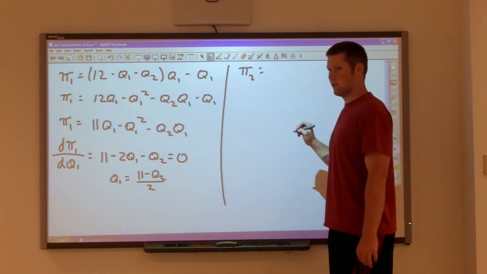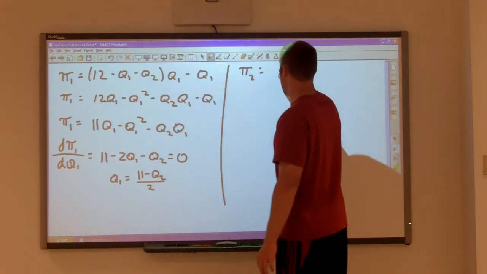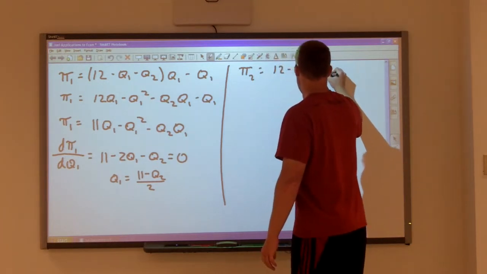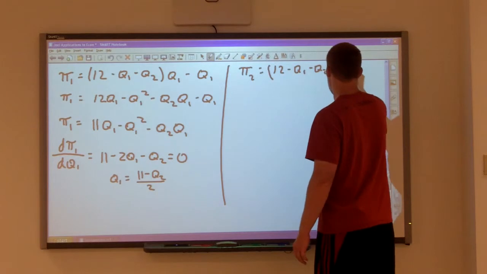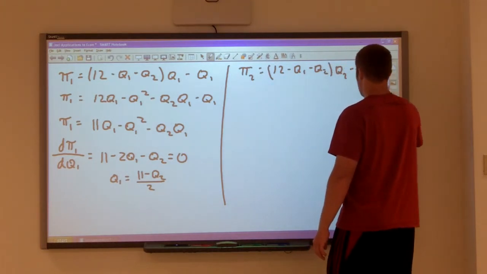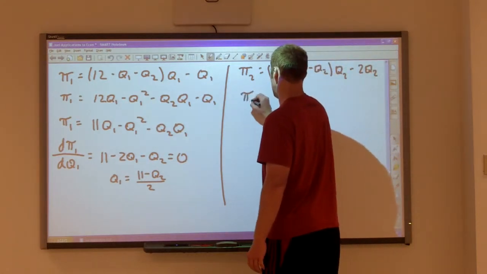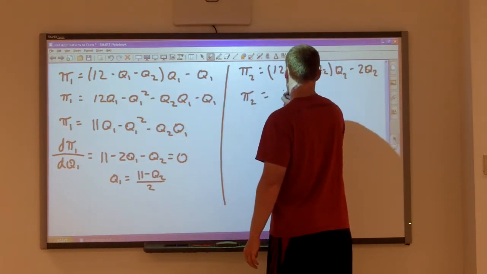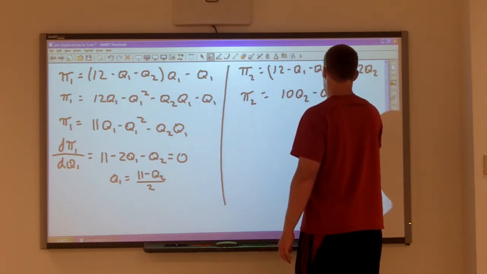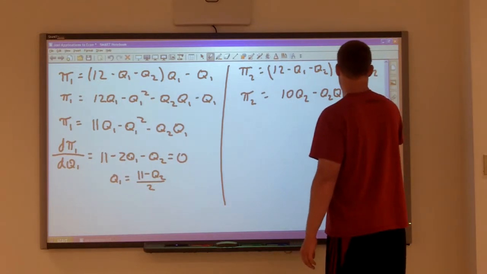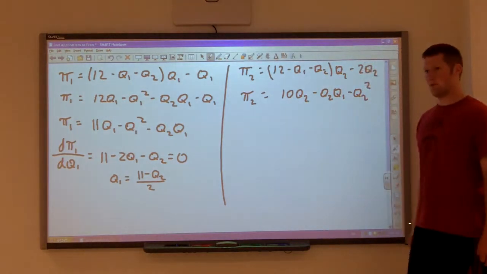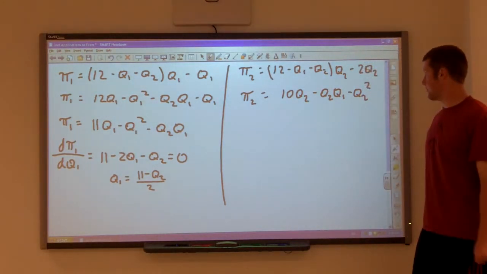So our profit function for firm 2 is, that is our simplified form of our profit for firm 2.